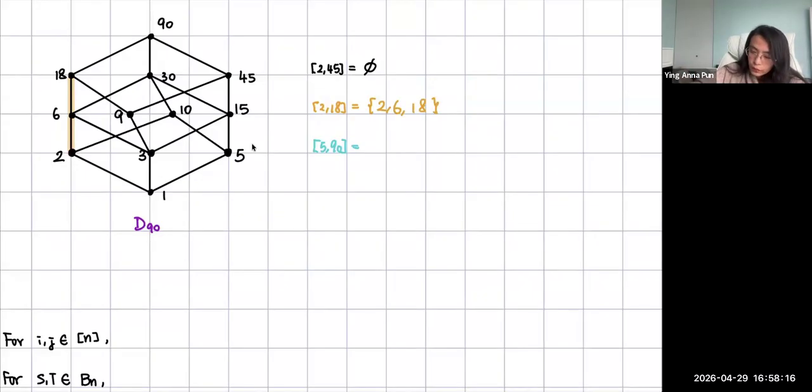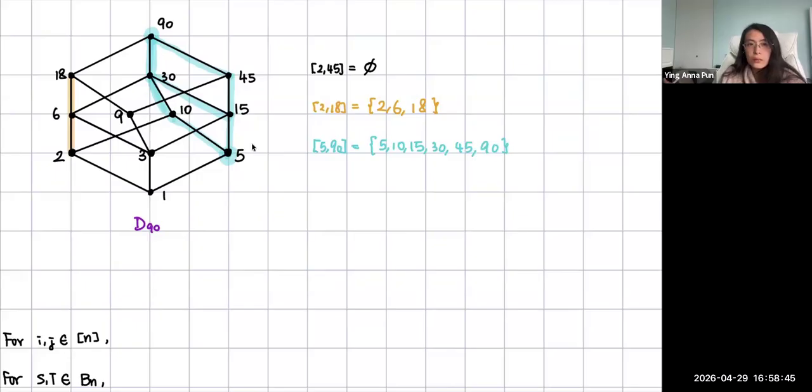And how about 5 and 90? Well, 5 is here, 90 is here. Anything in between them are these. These are all the possible paths from 5 to 90. So you can write everything: it's 5, 10, 15, 30, 45, and 90.